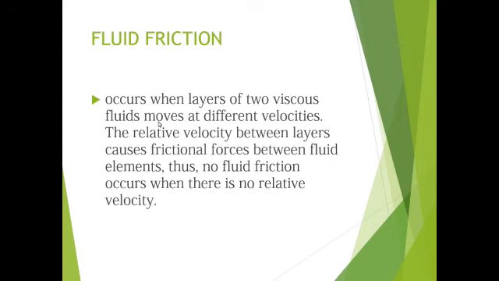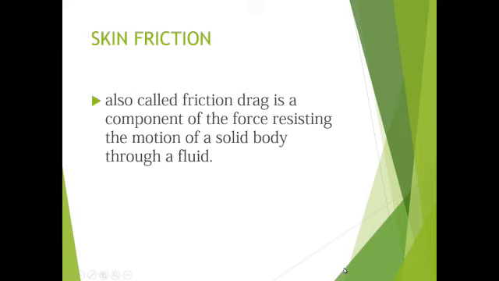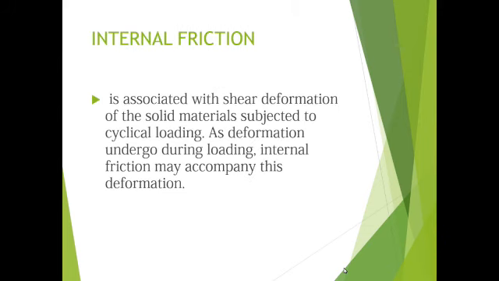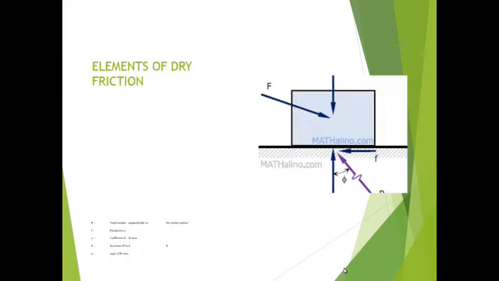So the third one, skin friction, also called friction drag, is the component of the force resisting the motion of a solid body through a fluid. Next, the internal friction is associated with shear deformation of the solid material subjected to cyclical loading. As deformation undergoes during loading, internal friction may accompany this deformation.